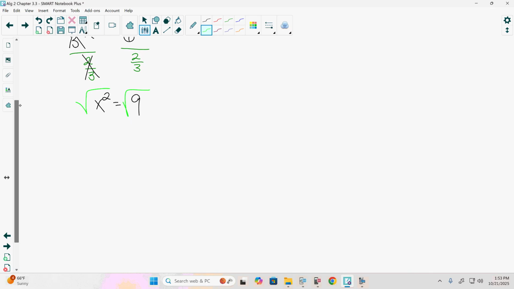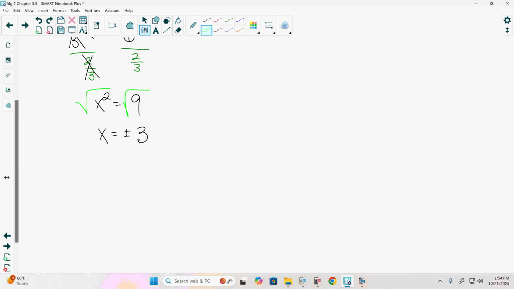Now, the square root of x squared is x equals plus or minus, because whenever we take the square root of both sides, we have to add the plus or minus. Square root of 9 is 3, because 3 times 3 is 9, and negative 3 times negative 3 is still 9. So we have positive or negative 3.